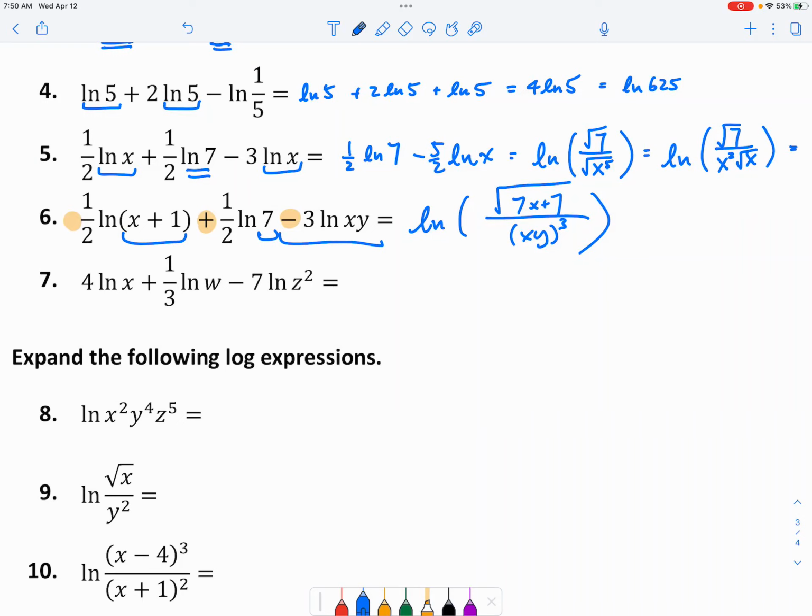And the last one right here, number 7, is natural log. Again, that's going to be a fraction because you see a subtraction. So what would this fraction be when we combine them together?